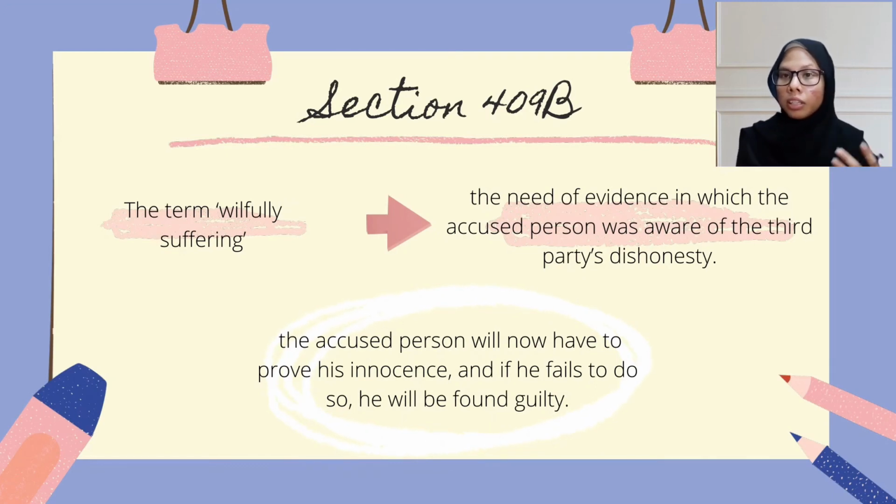So how is the accused person going to prove his innocence if there isn't any explanation about how to prove the dishonesty of the third party? It is equally important to establish the liability of the third party against those who assist in the offence of criminal breach of trust.